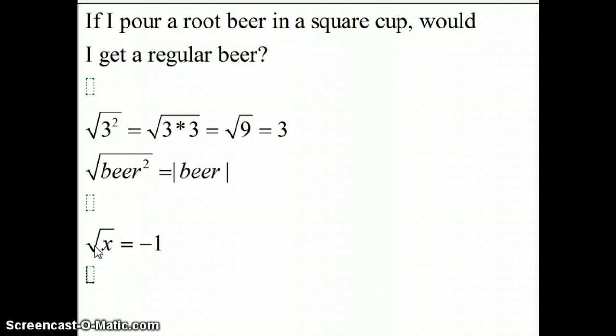It happens all the time when you're dealing with radicals. So the whole answer that I provided was, if I pour a root beer into a square cup, do I get a beer? No, you would get an absolute beer, because whenever you square a radical, it's always the absolute value. The other one says, what happens if it's an extraneous solution?